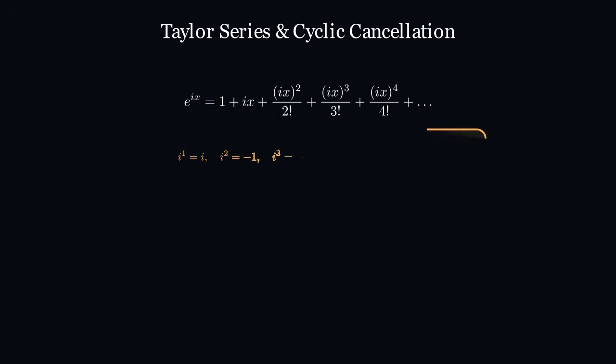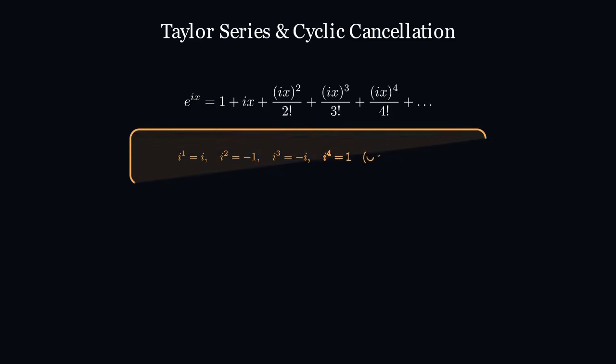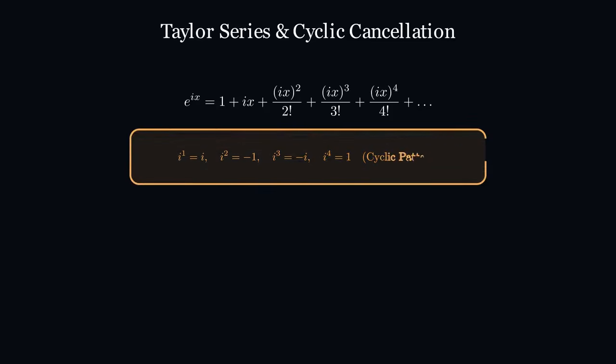This repeating cycle introduces alternating negative signs, meaning the terms don't just accumulate toward infinity, they systematically subtract from each other. The real components form the alternating series for cosine of x, and the imaginary ones form sine of x, producing a continuous oscillation.